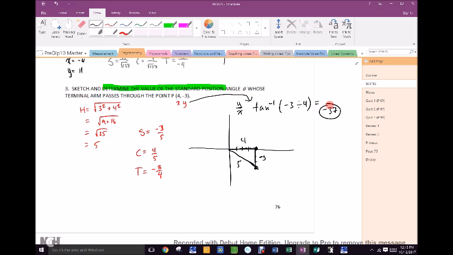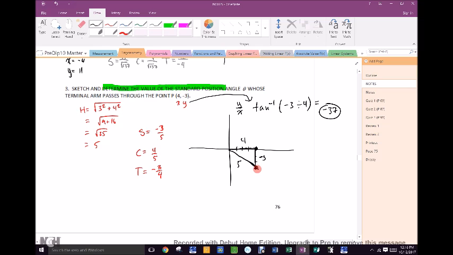Since tan is negative, it must exist in two quadrants, yes? Tan can't be here because everything's positive here, and it couldn't be there because tan is positive there. So it had to be in one of these two quadrants, yes? I don't need to draw it if I know how the coordinate plane works. I can see that my x is positive, so I obviously had to go to the right of the y-axis.